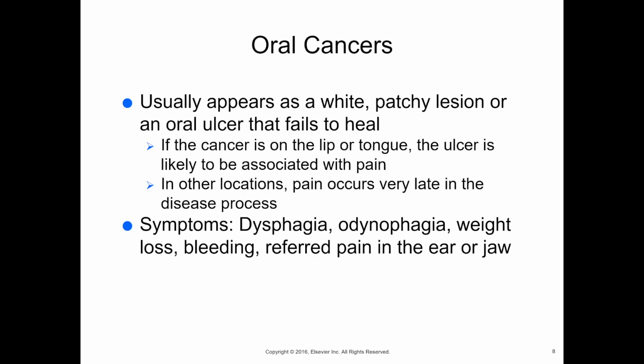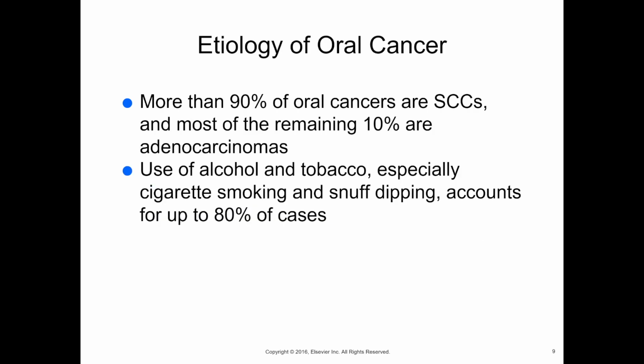Oral cancers, these are important to mention. They're most commonly squamous cell carcinomas, but because we do have quite a few glands in and around the oral cavity, there are also the possibilities for adenocarcinomas. Typically, this is associated with things like smoking, alcohol, even non-cigarette type tobaccos, like snuff dipping.